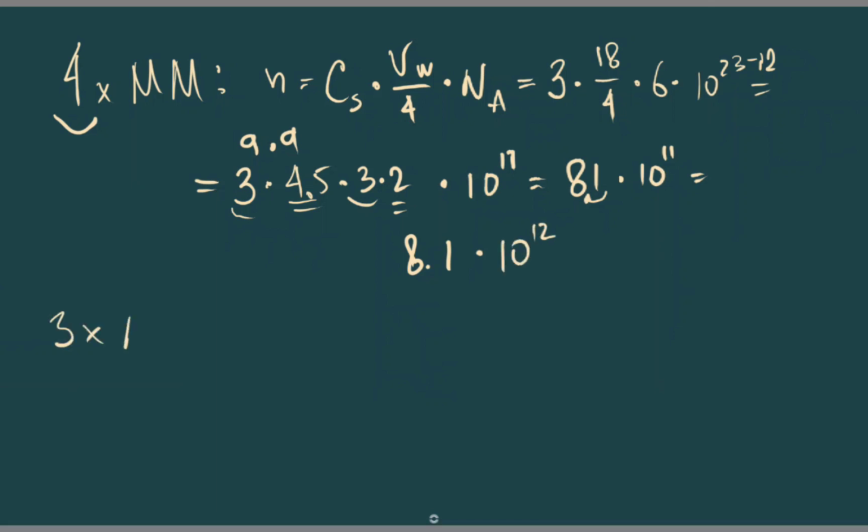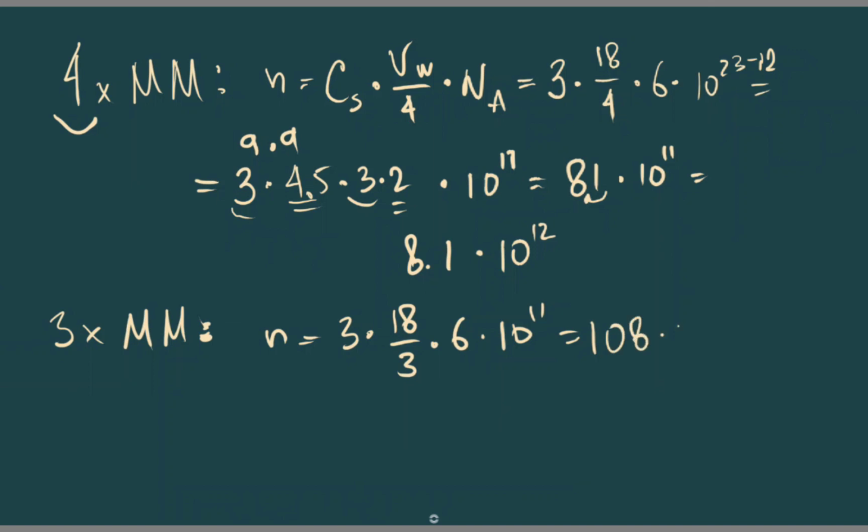For 3x it will be 3 times 18 divided by 3 times 6 times 10 to the power of 11, and this will be equal to 36 times 3, 108 times 10 to the power of 11, and this is 1.08 times 10 to the power of 13.